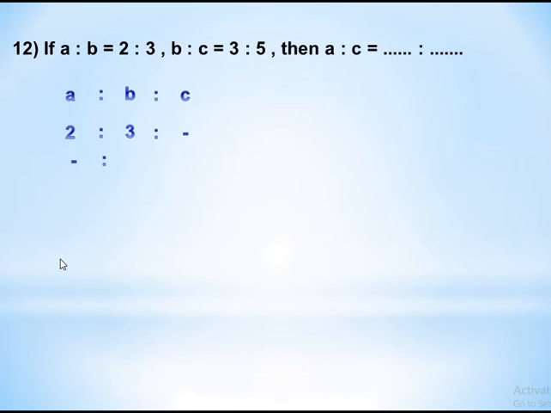Then write the other ratio, 3 to 5. The two numbers under each other, put in a box.